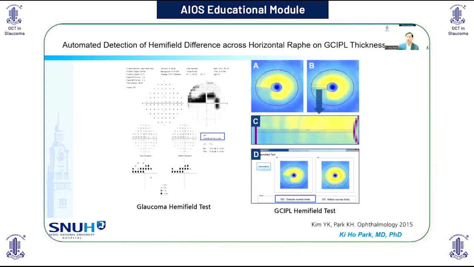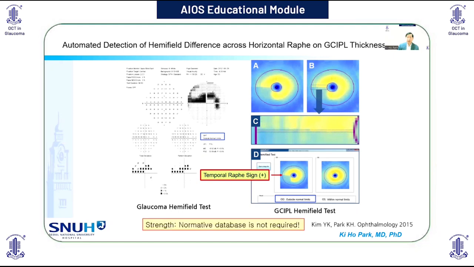So, the same slide I showed previously: the GCIPL hemifield test and temporal raphe sign are helpful in myopic eyes as well, because this temporal raphe sign does not require a normative database. We just compare the superior thickness and inferior thickness in the ganglion cell thickness map. So we may avoid pseudo defect in this glaucoma GCIPL hemifield test.